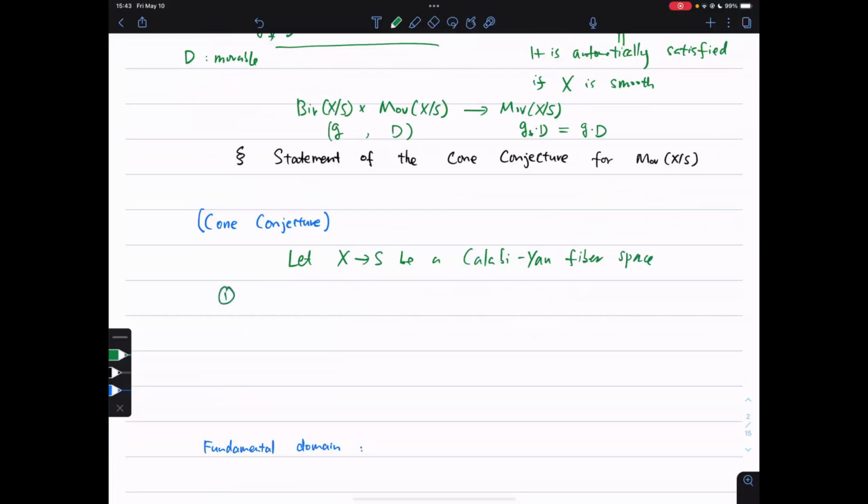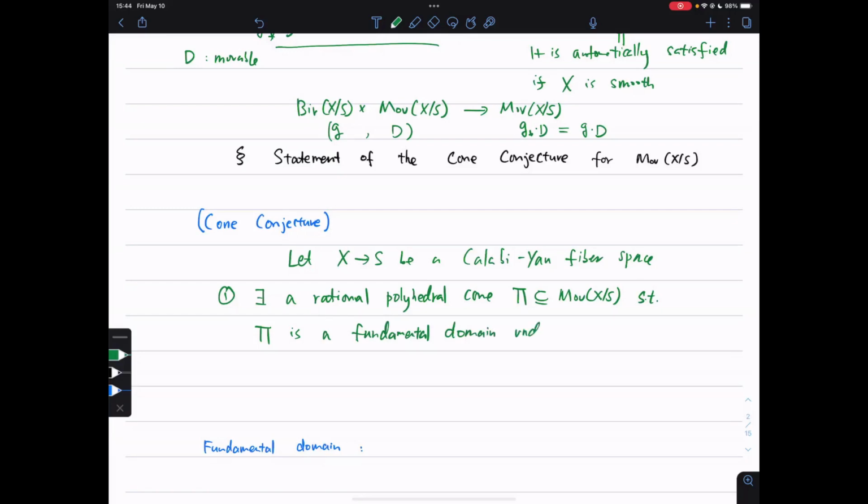Then the conjecture predicts there exists a rational polyhedral cone Pi inside the movable cone such that this Pi is a fundamental domain under the action of the birational automorphism group, as I mentioned before.